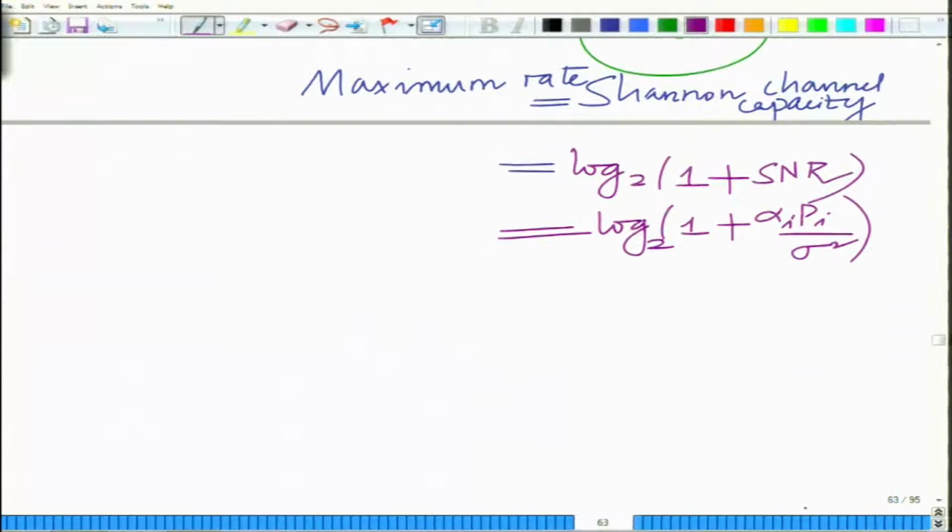So, this is the maximum rate at which information can be transmitted.